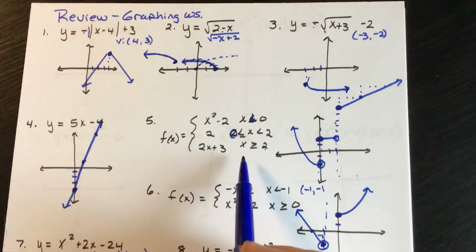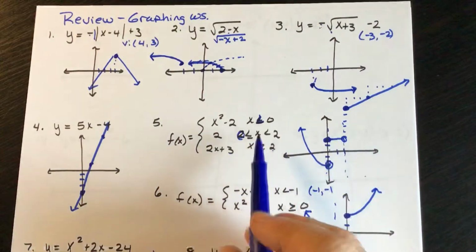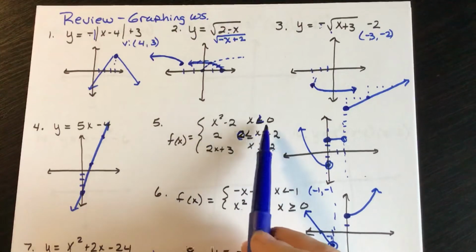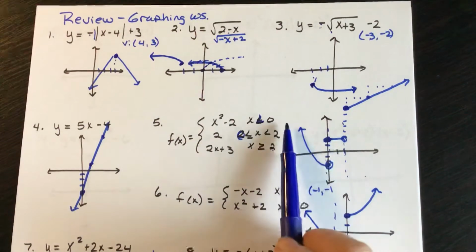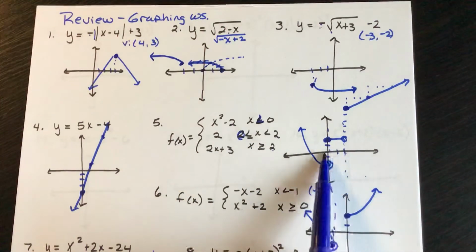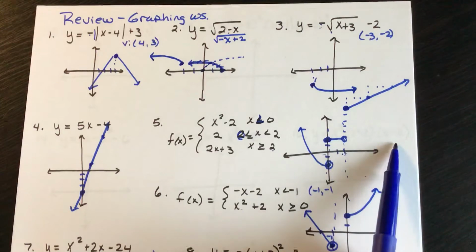Number 5 is a piecewise function, and with this I have 3 sections of the graph. One section is to the left of 0, so I'm working this way. Then another section is between 0 and 2, and then a third section is to the right of 2.